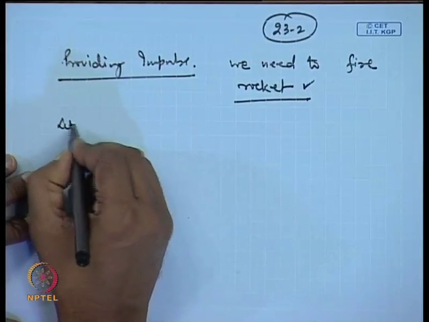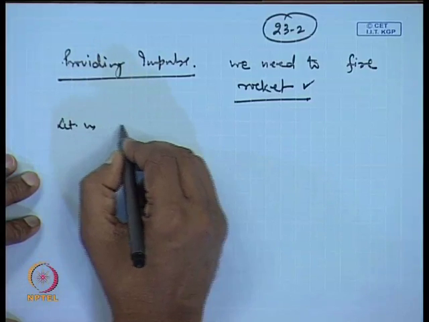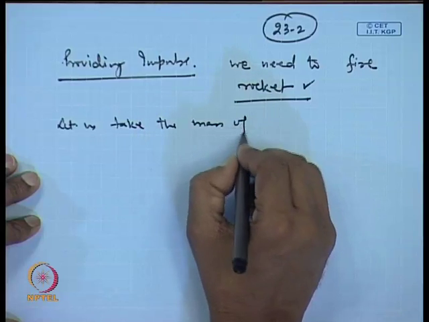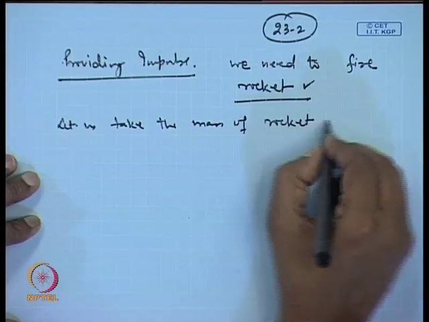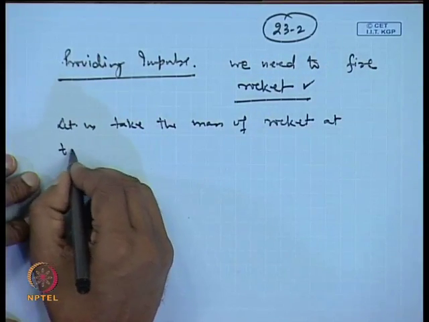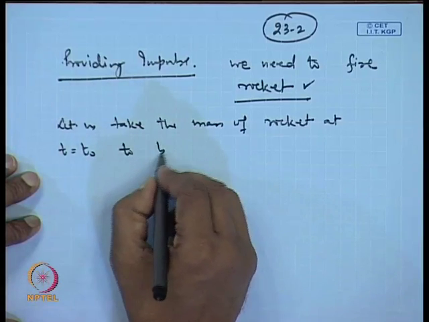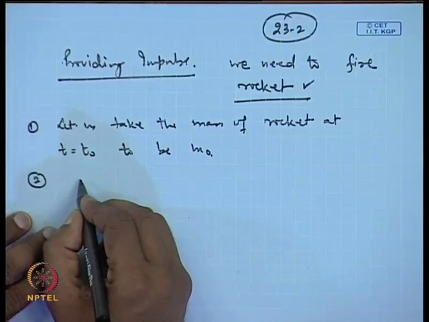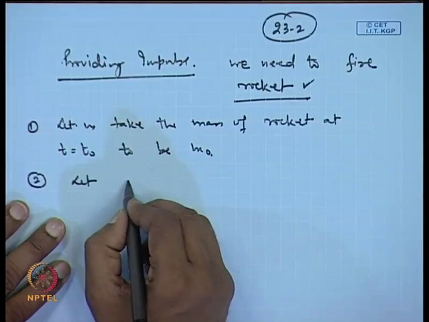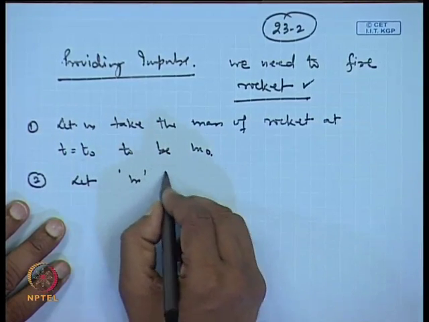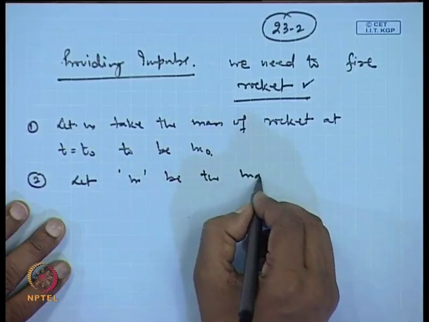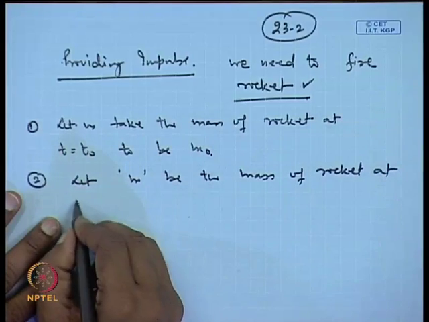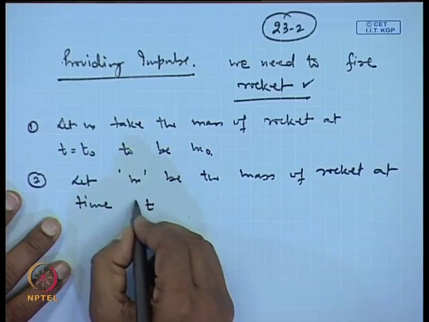So, let us take the mass of the rocket at t equal to t 0 to be m 0. Let m be the mass of the rocket at time t.